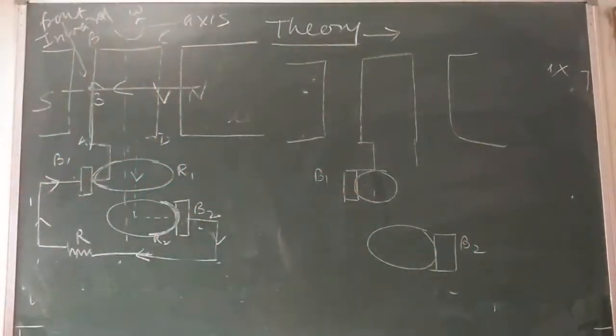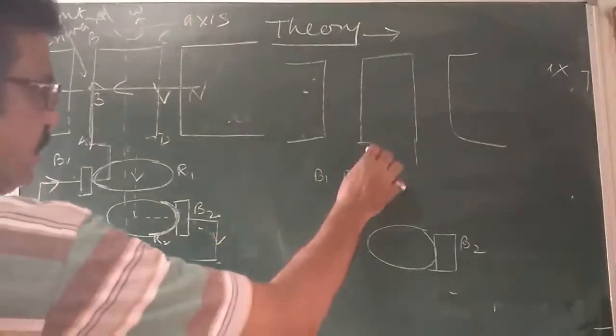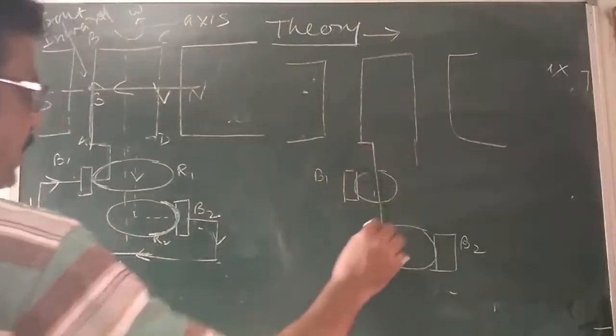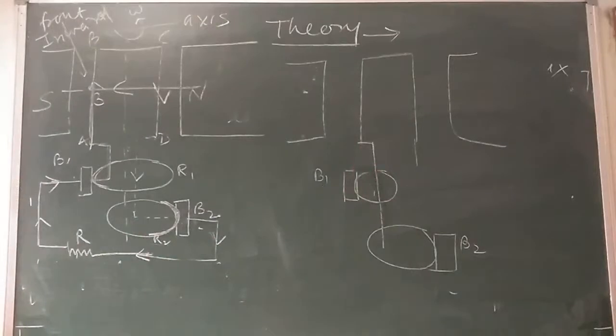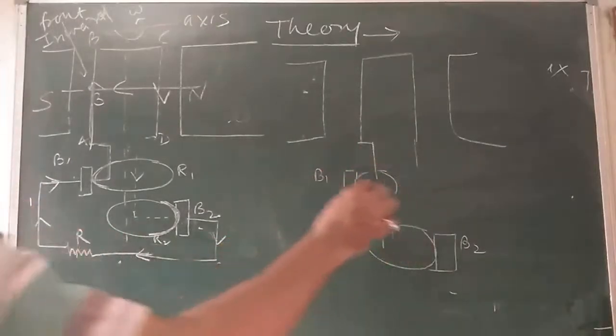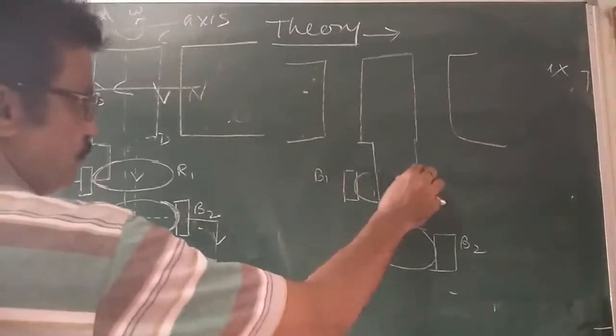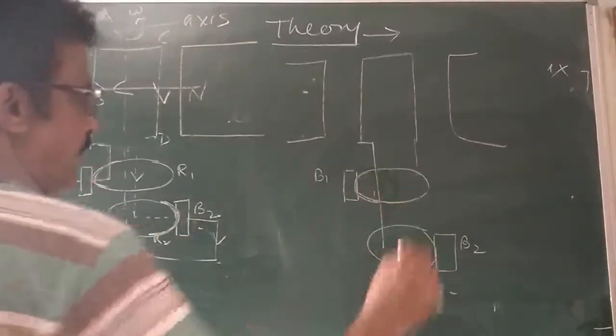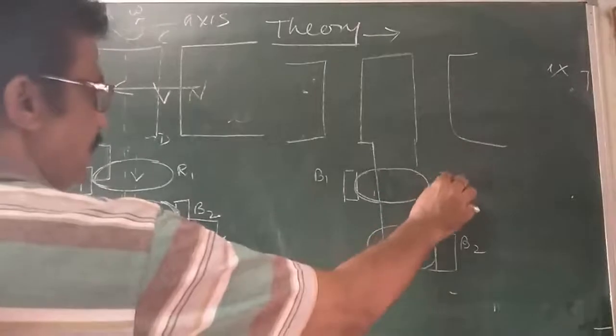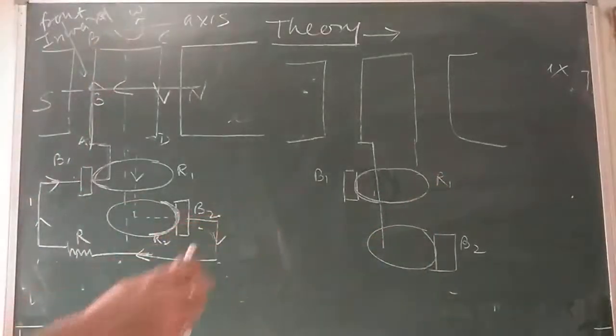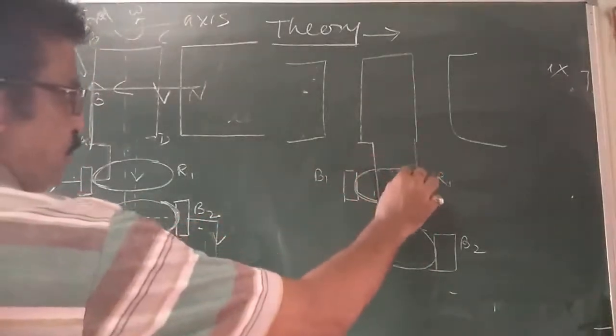So I can say in this condition, during the second half rotation, it is moving like this, and here are our slip rings R1 and R2, in this manner.